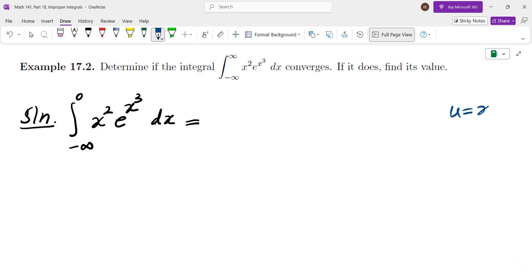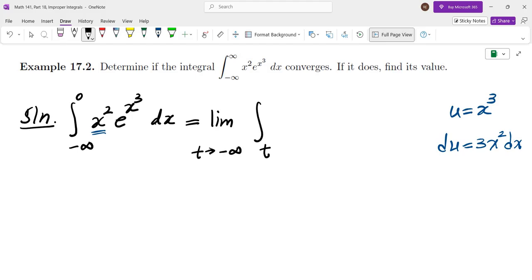So we have to do a u substitution for x cubed because the derivative of x cubed, which is 3x squared dx, is right here in front. So first we have to write it down as a limit. This is the limit as t approaches negative infinity, integral from t to 0, of x squared e to the power of x cubed dx.